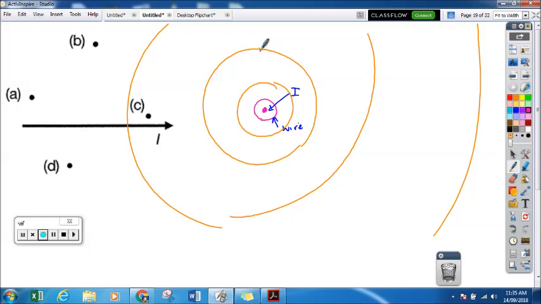In this case, using the right-hand grip rule, if your thumb points out and you relax your fingers, you will have them going in this direction here. Normally you'd say it's going from a north pole to a south pole, but there is no start and stop. These lines are circles.